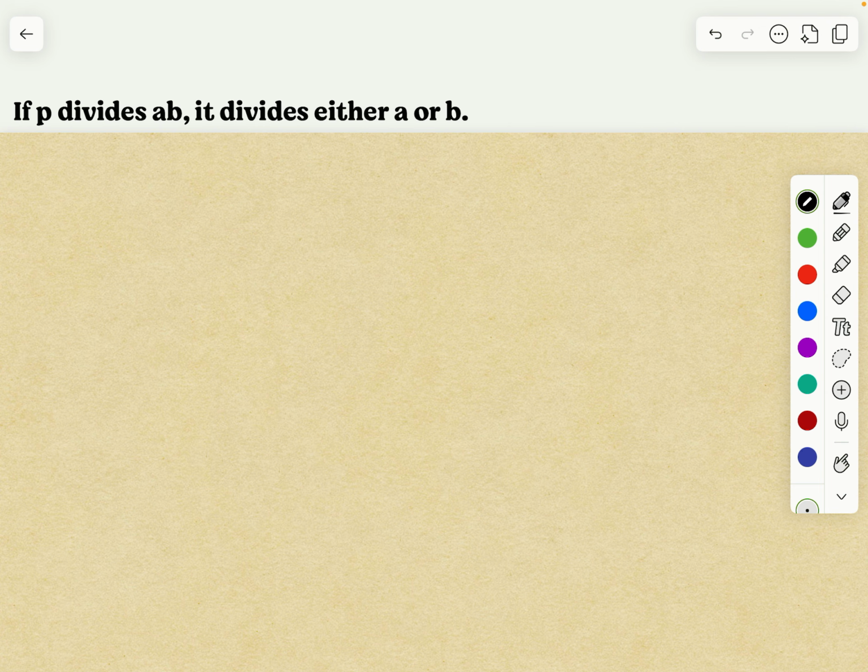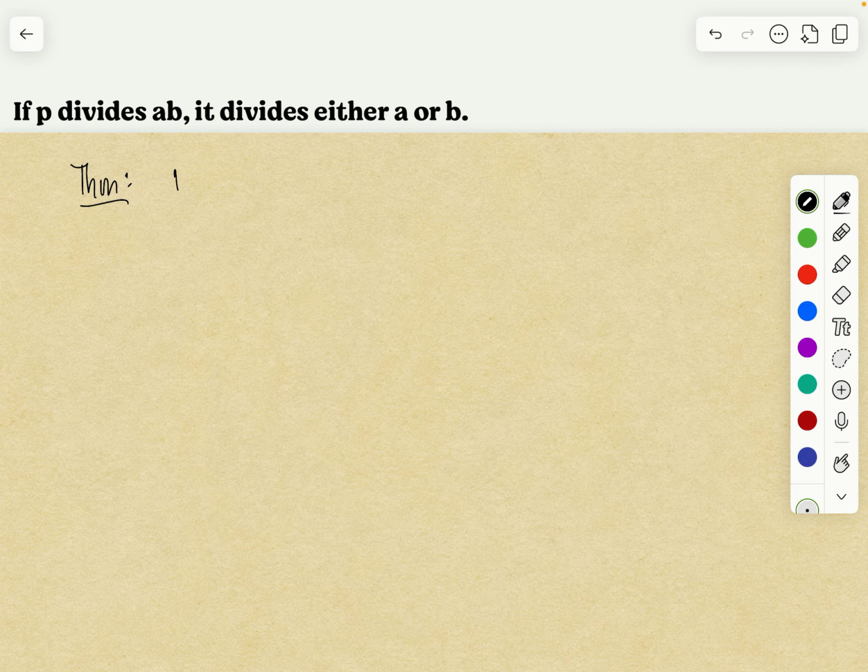So the fact about prime numbers that we'll prove is a very useful fact. It's used to prove the uniqueness of the prime factorization of numbers.